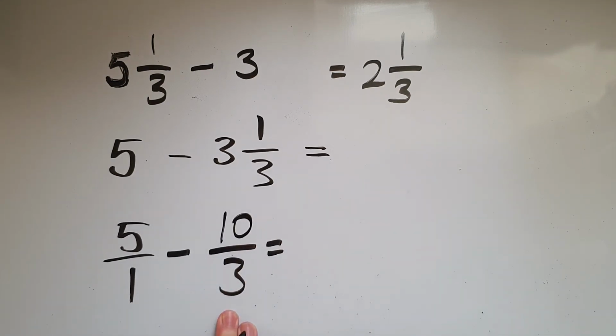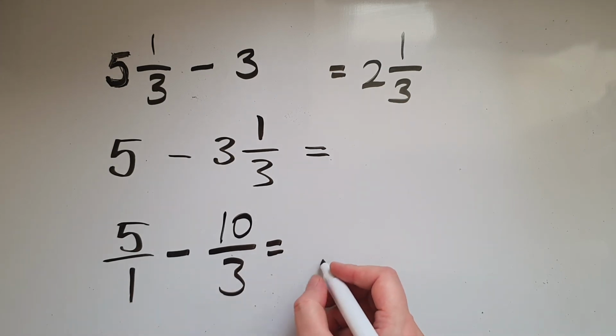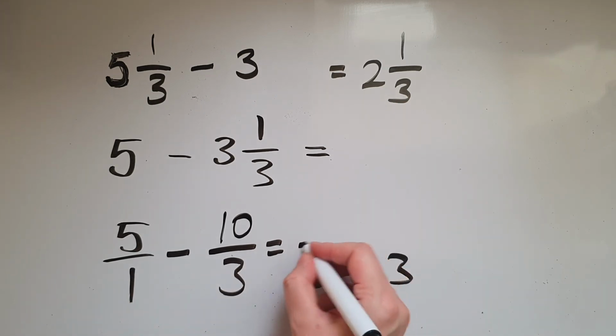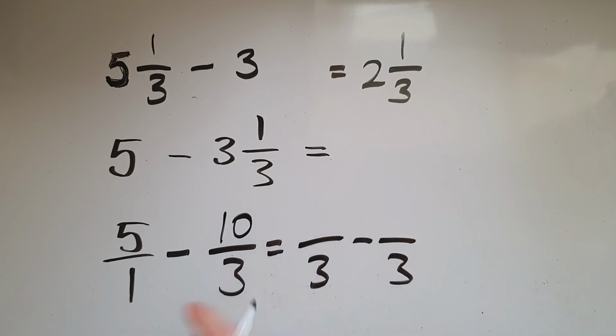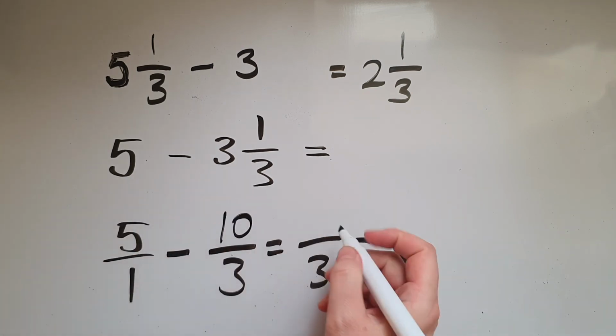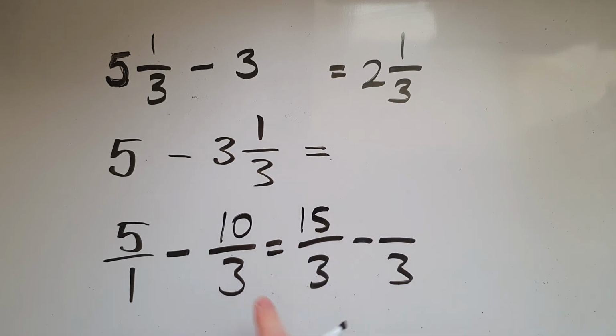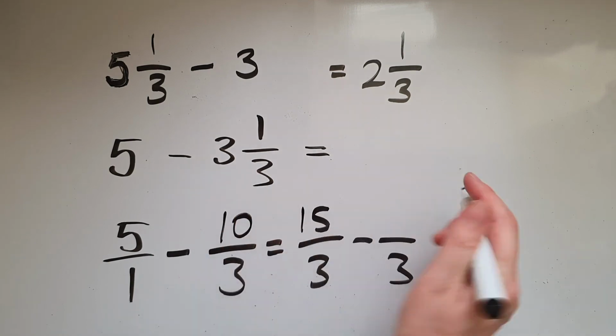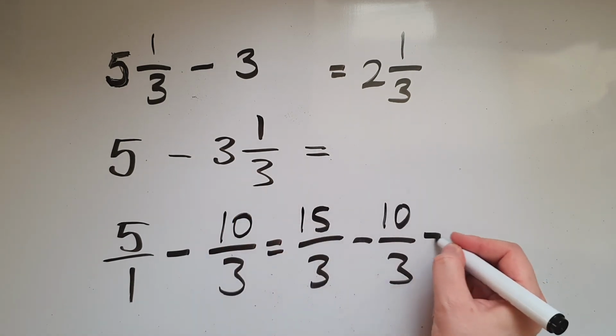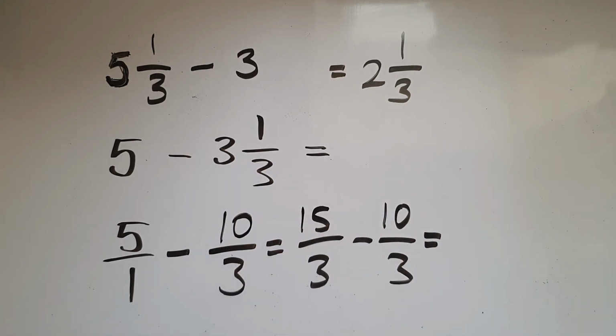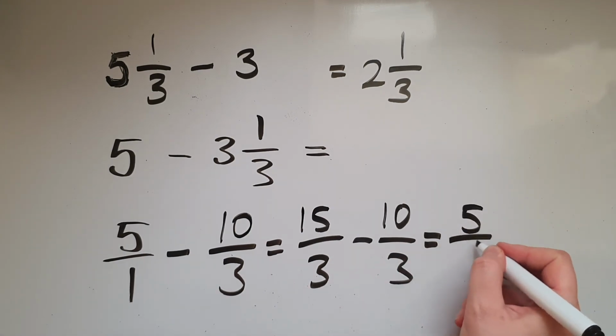Now a common denominator for them both is going to be 3. So to get from 1 to 3, we multiply it by 3. So 5 times 3 is 15. 3 to 3, we just multiplied by 1. So that's going to remain as 10 as well. So 15/3 take away 10/3 gives us 5/3.